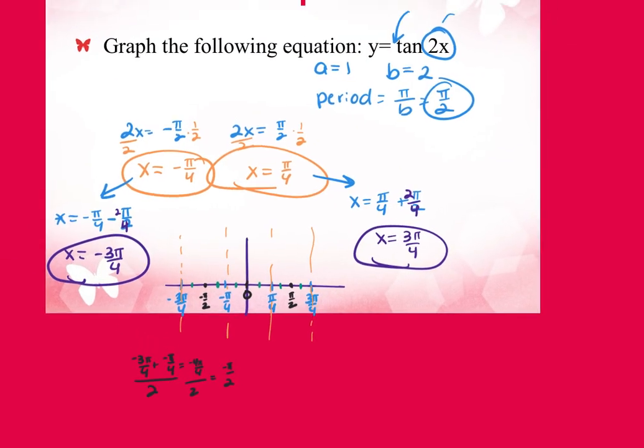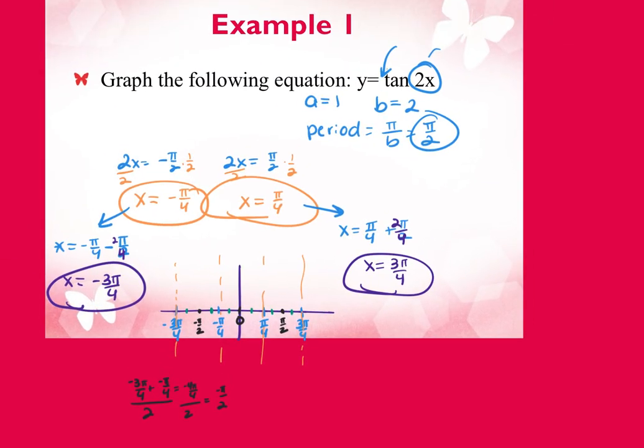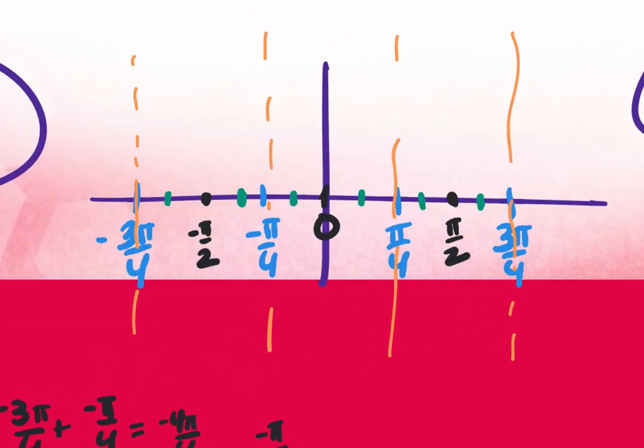And then I'm going to mark my A on the y-axis. My A was 1. So on the y-axis, I'm marking 1 and negative 1. And because this is a positive tangent, a quarter the way in, I would mark negative 1. And 3/4 the way in, I mark positive 1.